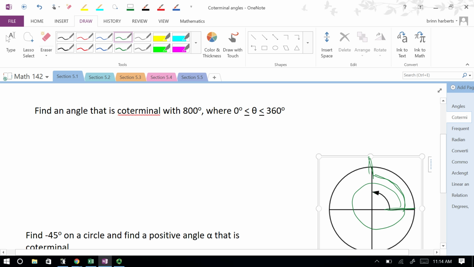And since it ends at the same spot as this angle, I would call this little angle of 90 degrees and the bigger angle, which goes around an entire rotation plus 90, so it's 360 plus 90 is 450 degrees, coterminal angles. 90 degrees and 450 degrees are coterminal.